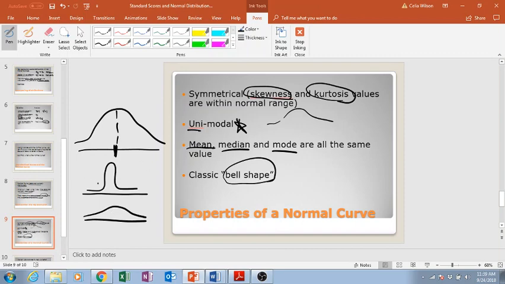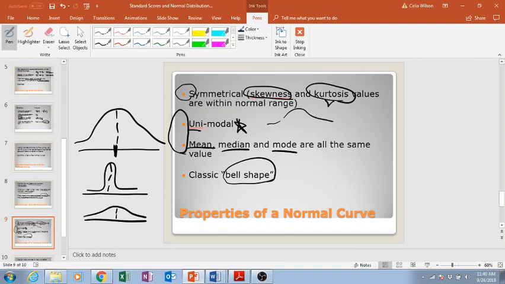So these two may have the same value for the mean, the median, and the mode, and they may be unimodal, but it also has to have a normal skewness and kurtosis. So even though this is symmetrical and it probably meets all of these, same with this one, a little better dotted line there, it doesn't have that nice height to width ratio like this one does.